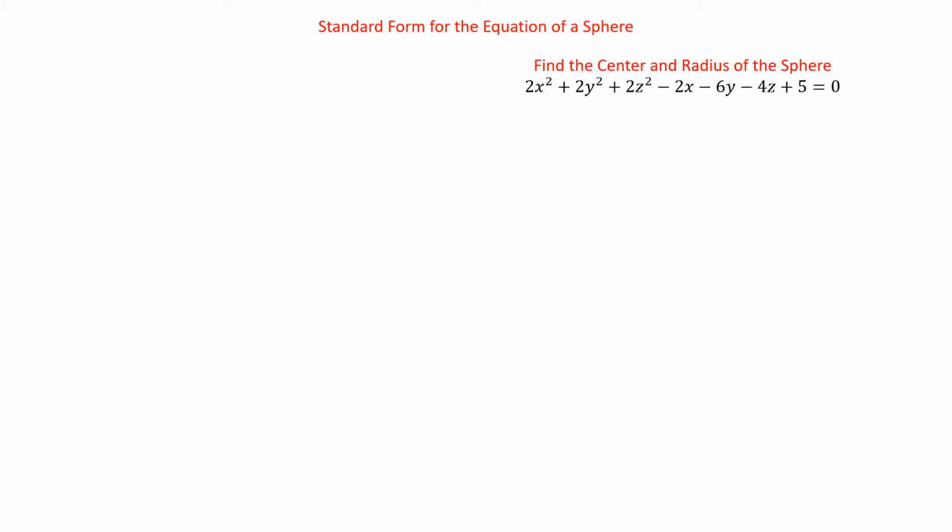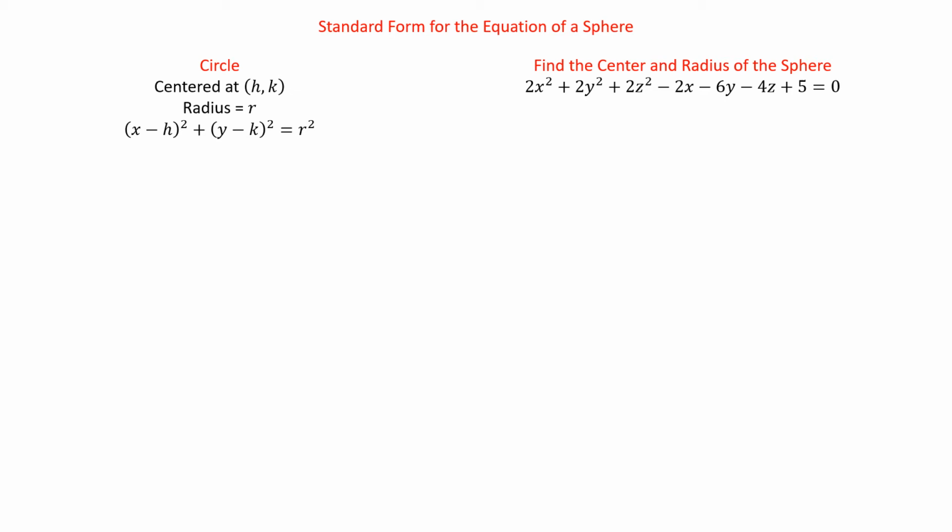So, the standard form for the equation of a sphere, just like everything else, is a direct extension of 2 dimensions. In 2 dimensions, we have a circle. The equation of a circle with a center at h, k and a radius of r is going to be x minus h squared plus y minus k squared equals r squared.